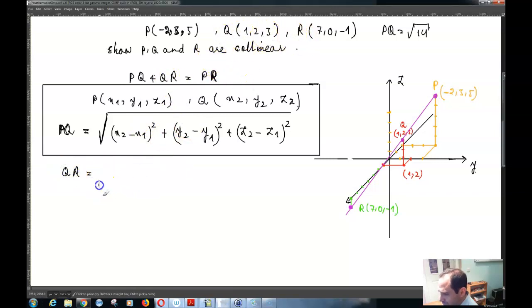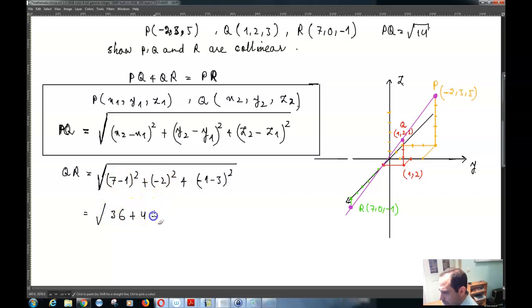QR is equal to basically the square root of 7 minus 1 whole squared plus 0 minus 2 whole squared plus negative 1 minus 3 whole squared, and that is equal to 6 squared, which is equal to 36, plus 4 plus 16, which is equal to 20, plus 36 is equal to 56, the square root of 56.